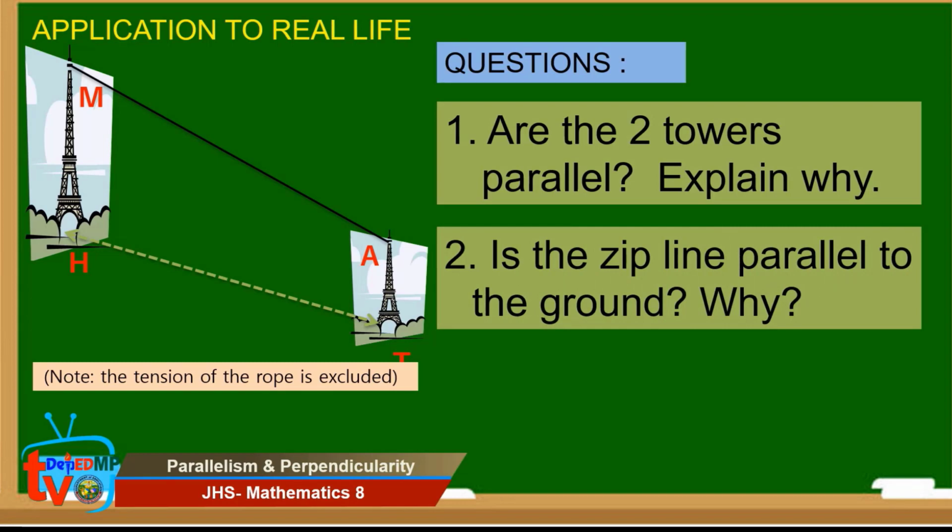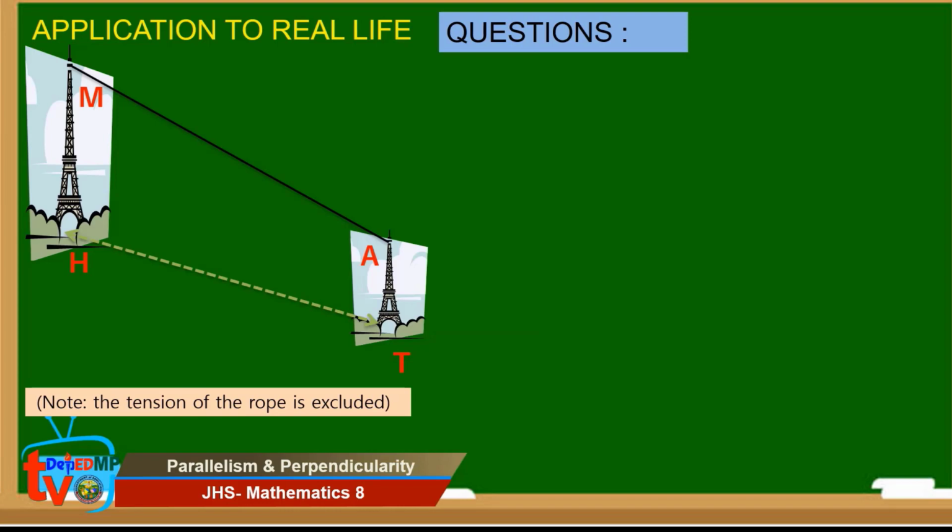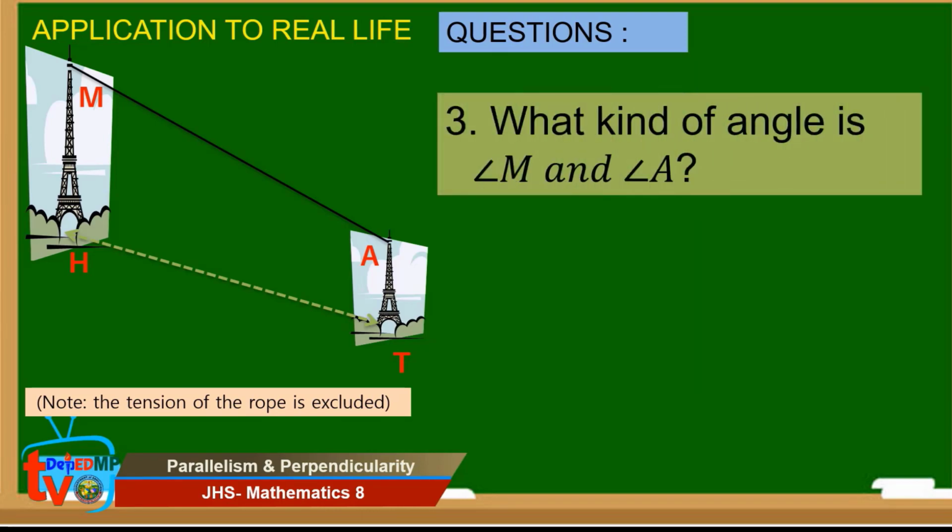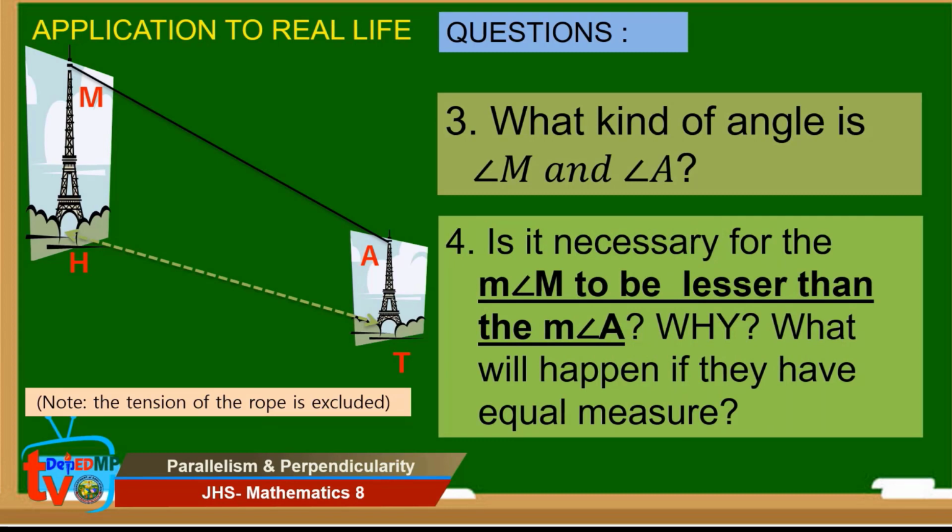Why? Question number 3. What kind of angle pair is angle M and angle A? And last question, is it necessary for the measure of angle M to be lesser than the measure of angle A? Why? What will happen if they have equal measure?